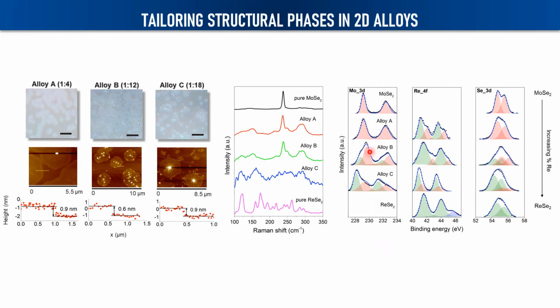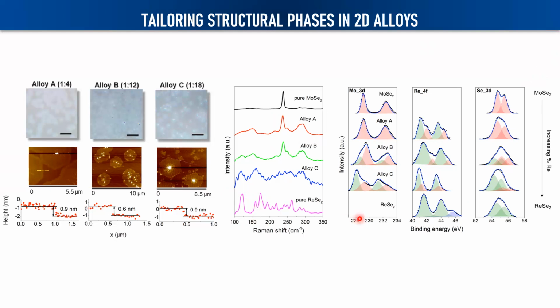Because of that, as you keep on increasing the concentration of rhenium, you can see that the Mo binding energies are shifting from that of a 2H coordination to that of the octahedral coordination for the 1T prime. So from the Raman and from the XPS, we can confirm these results.